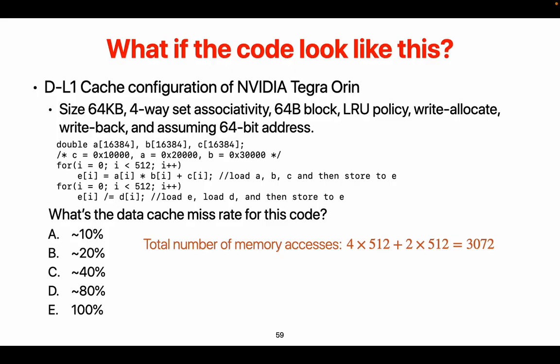Okay, because each block has 8 elements in total. How do we know it's 8 elements? Because each double is 8 bytes and each block is a 64-byte block, so each block contains 8 doubles. And the first access to each block is always a compulsory miss.